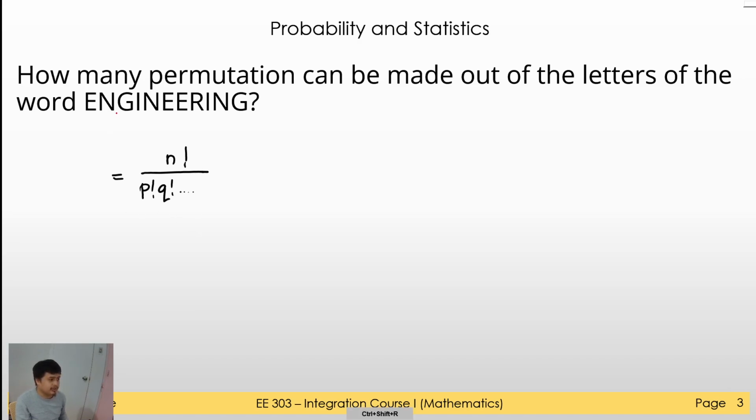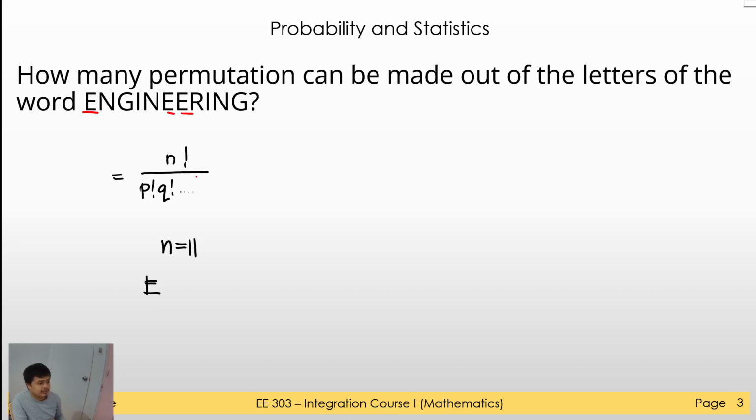If we have this word which has 1, 2, 3, 4, 5, 6, 7, 8, 9, 10, 11, right? 11 letters in this word. So therefore, our n here is 11. And then for every letter in this word, we will count how many there are. Let's say for E, how many E are there?